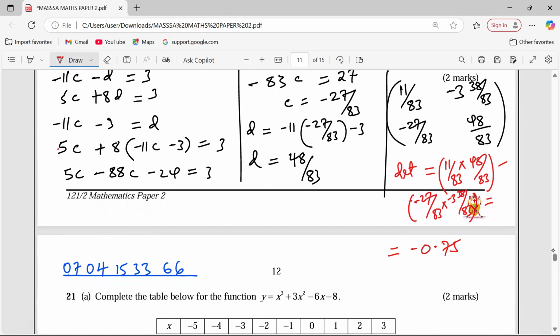So we need the absolute value of the determinant for us to get the area scale factor, which is 0.75.